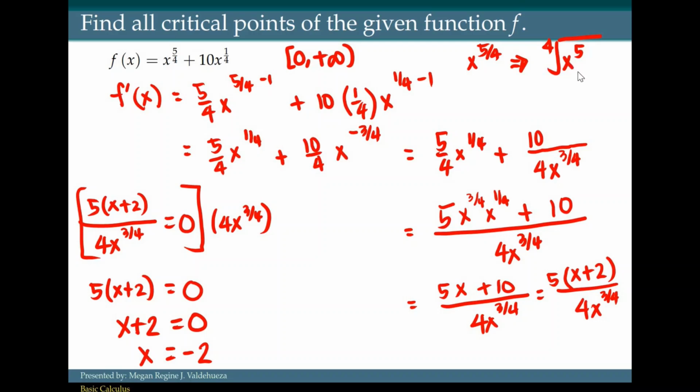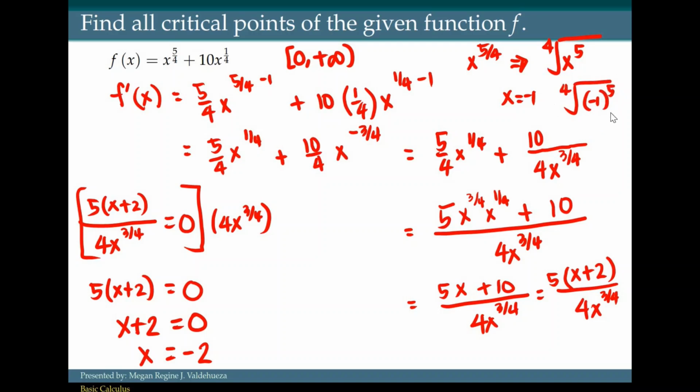So if we have a negative number here, if x is equal to negative 1, substitute this to the expression, then the fourth root of negative 1 to the power of 5, and negative 1 to the power of 5 is negative 1, right?